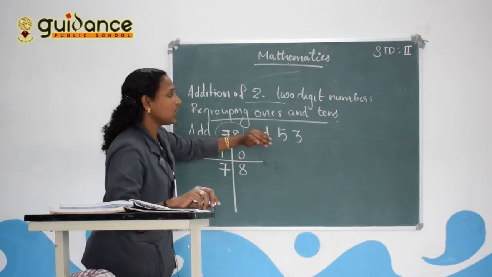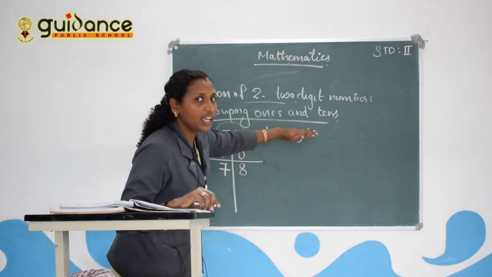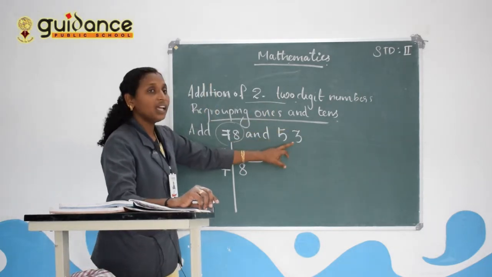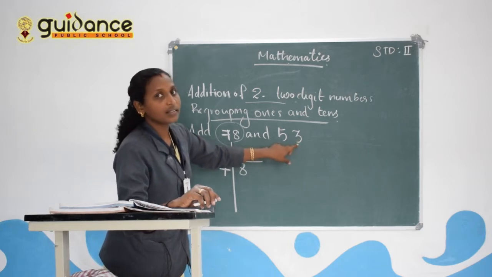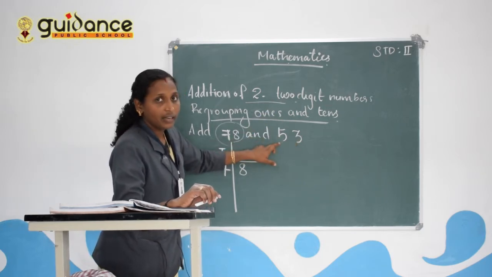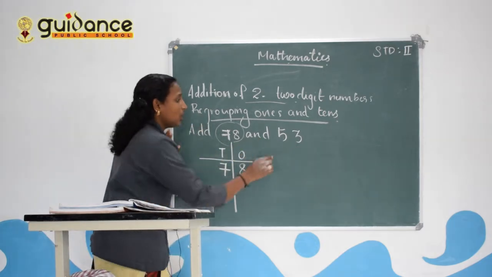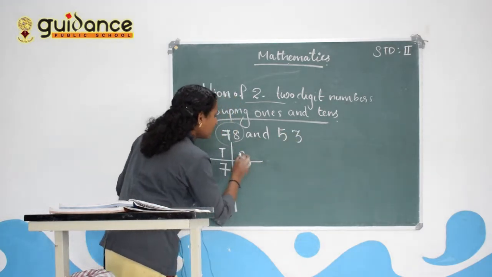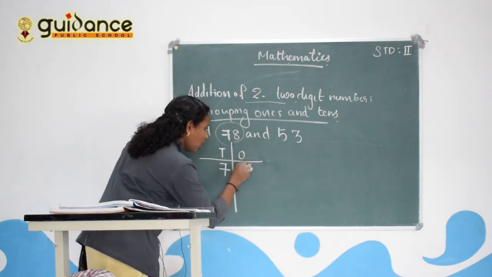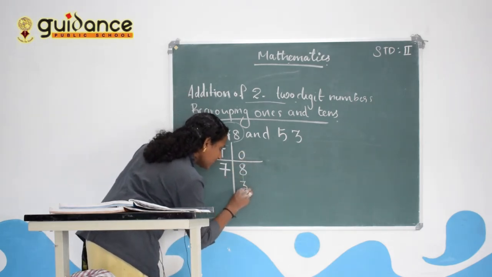Okay. Then look at the next number, 53. So 53 has ones 3 and tens 5. The 3 is in the ones place, so 3 can be written at the bottom of the ones place, that means here.